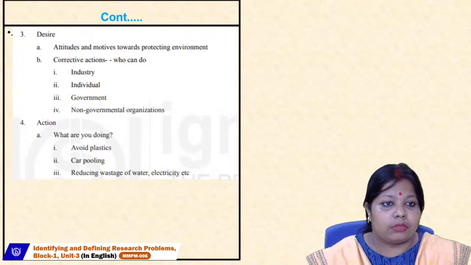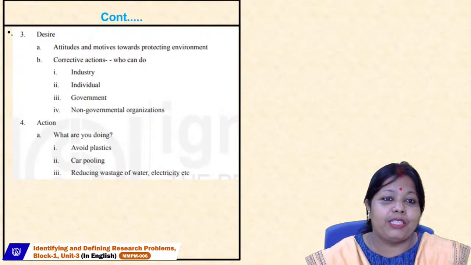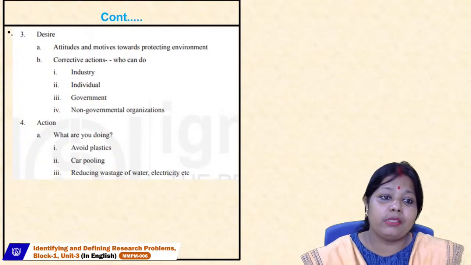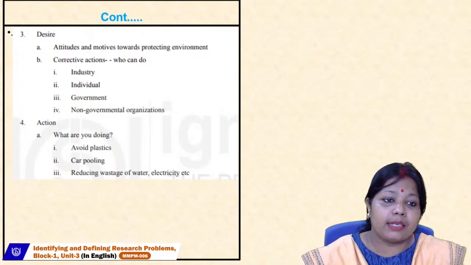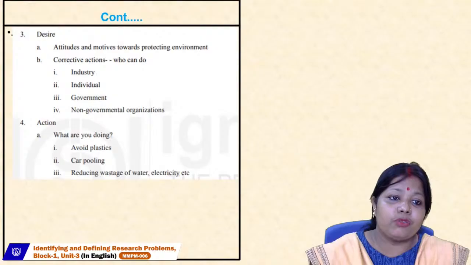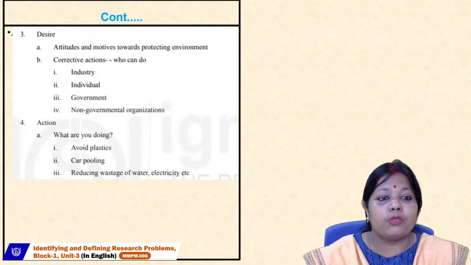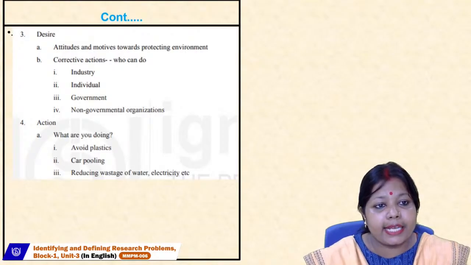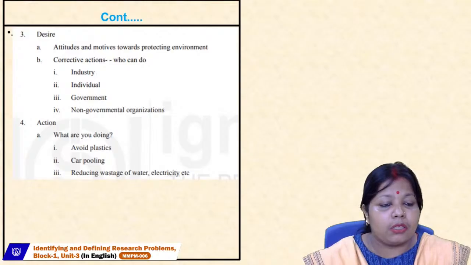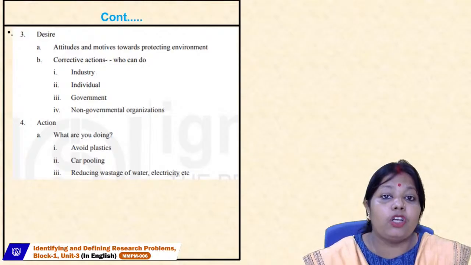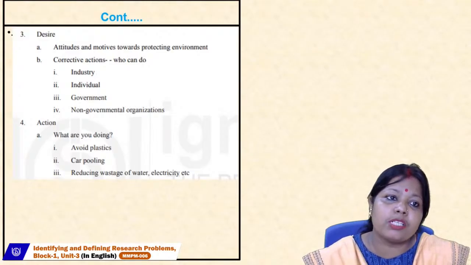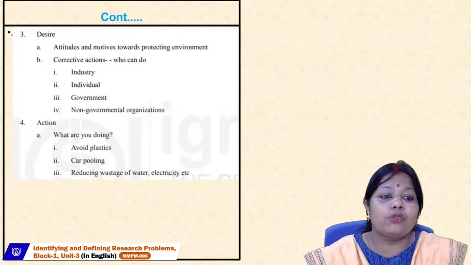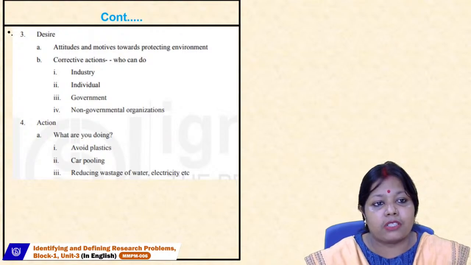Under correct actions, we can ask who can do that action. Whether the industry is the only responsible party, or the individuals, who are more numerous than the industry, are responsible and can take the correct actions toward protecting the environment, or the government, or the non-government organizations are also responsible, or can also be involved in the correction of these actions.